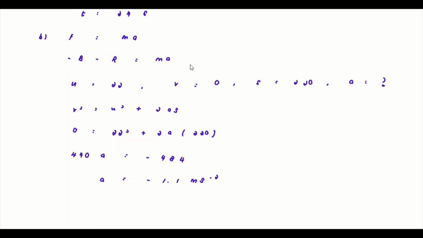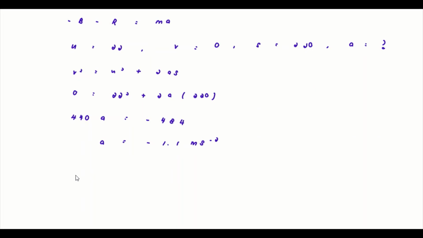Now we can substitute in this formula already. We want to find the brake force, right? So negative B minus the resistance, which is 200, will be equal to the mass, 600, times the acceleration, negative 1.1.